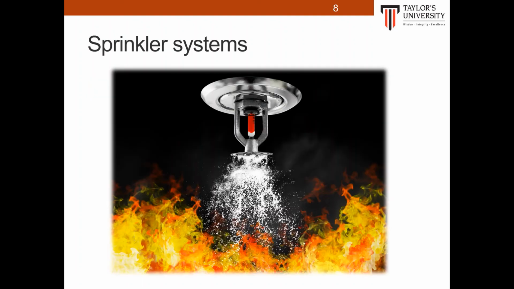Last but not least, sprinkler systems are an effective way to contain fires. The system consists of arrays of sprinkler heads connected to a water supply, and the heads are mounted in high locations, usually near the ceiling, and disperse a fine spray of water in an area when activated. The heads are activated by a variety of methods.